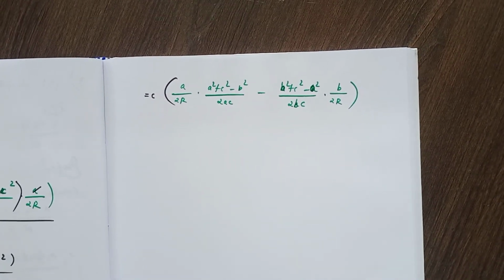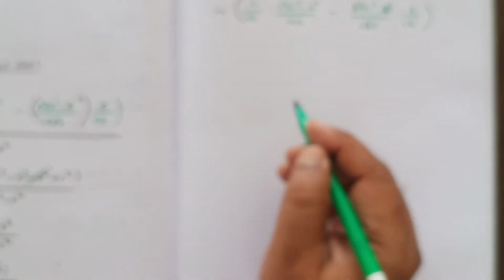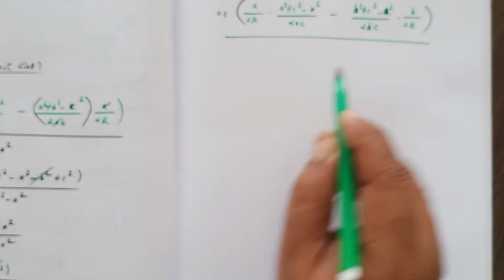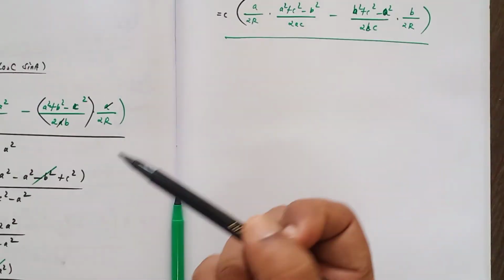Okay. Now whole divided by A squared minus B squared.